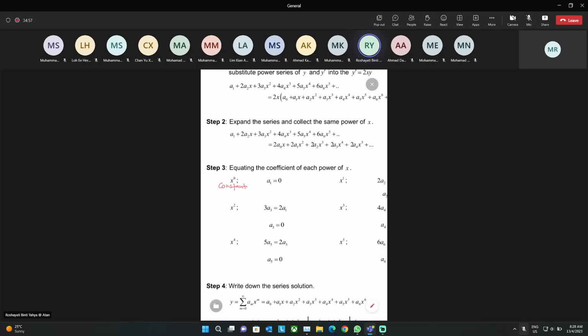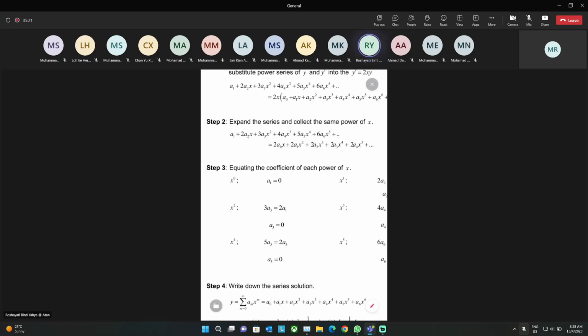So x to the power of 0 is a kind of constant. On your left hand side, a constant means a number. However, for this example it uses a letter, a1.